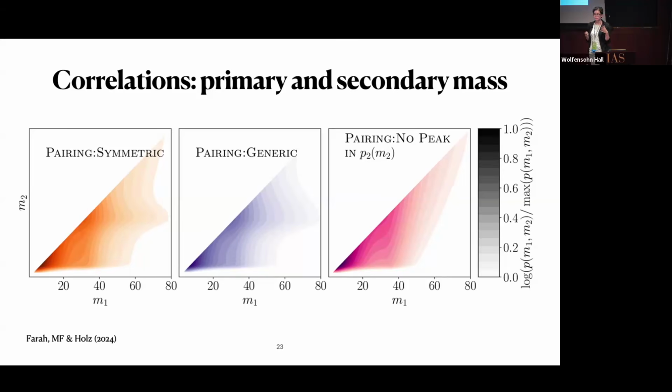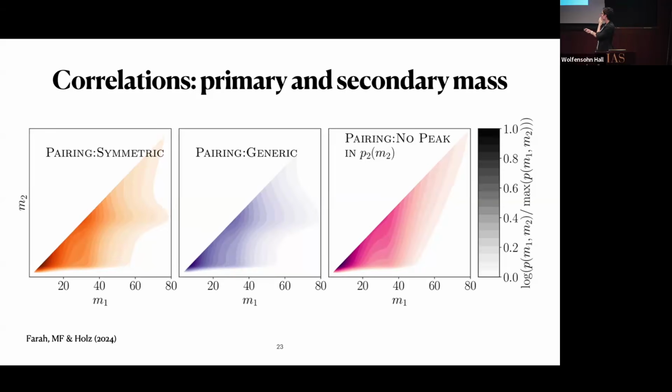We know that overall, there's a preference for symmetric systems, so M1 equals M2, that's along the diagonal here.